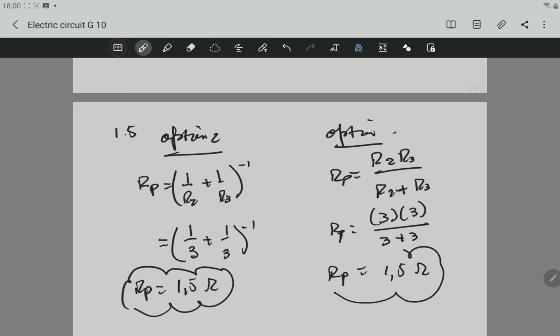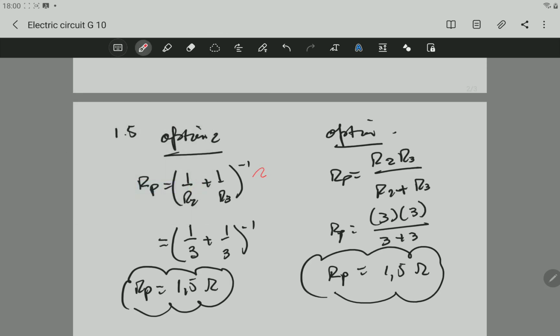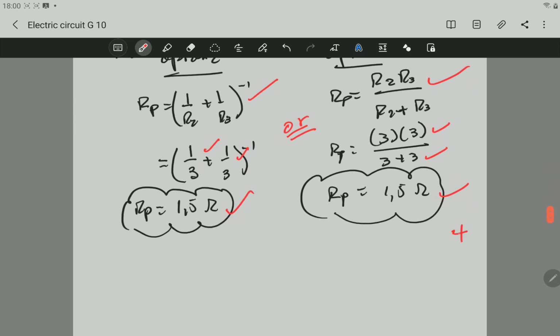This is the other option, so you can use either one of them. The mark allocation is 1 for the formula, either one that you use, 1 for each substitution, 1 for the final answer. There are 4 marks. The total for this specific question is 17 marks.